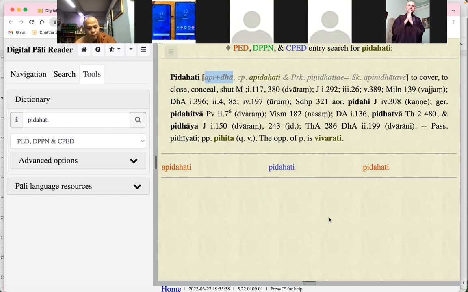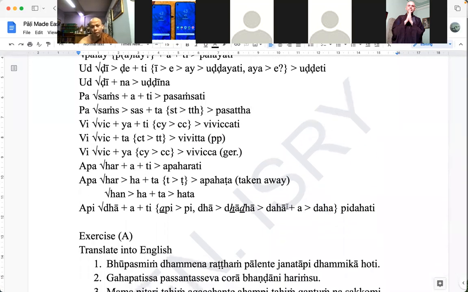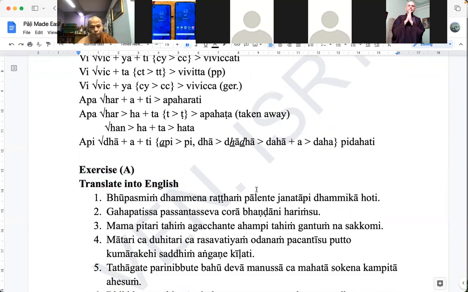Okay. So now we finished the vocabulary. Now let's do the exercise. So the first one is, translate into English. So exercise A, translate into English. So in this lesson, we learn the consonant nouns not ending in the R, or agent nouns.